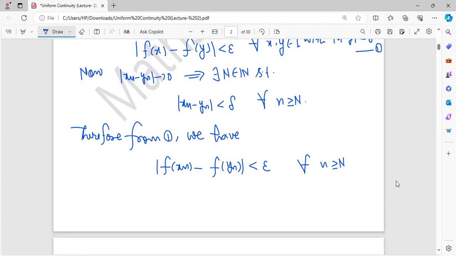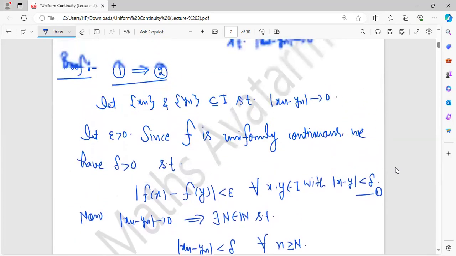You have taken an arbitrary epsilon and found some capital N belonging to the natural numbers such that this holds. It means the difference f(xn) minus f(yn) tends to 0. So we have proved the second statement. Now we have proved 1 implies 2.